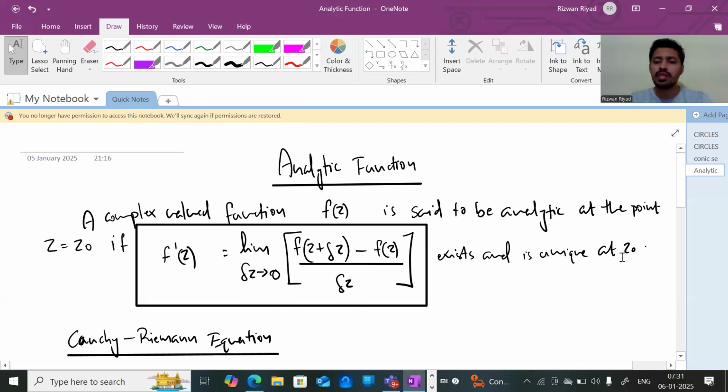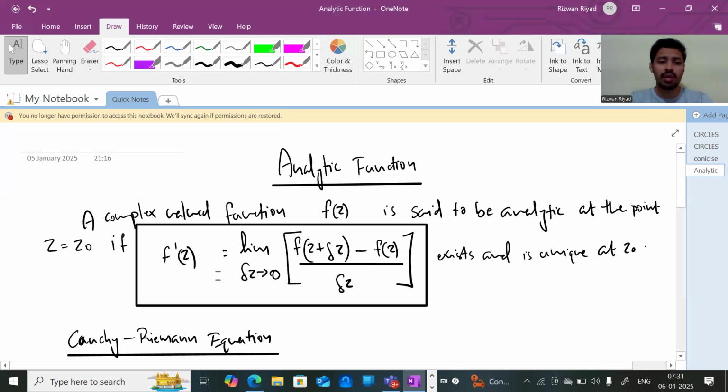So when can we say that a complex valued function f of z is analytic? We can say that it is analytic at a point z equal to z naught if this limit exists and is unique at that point z naught.